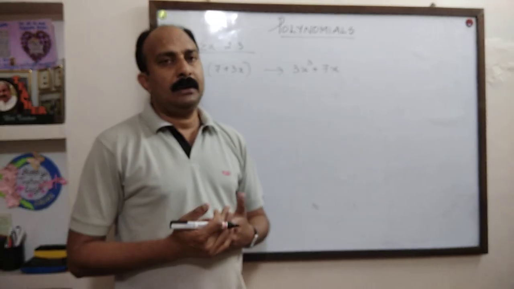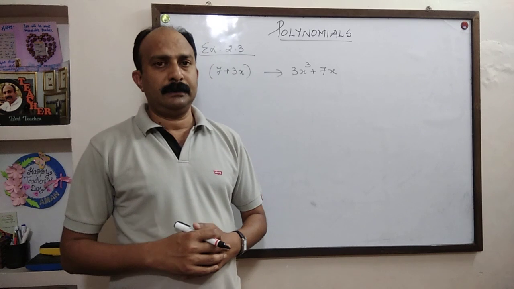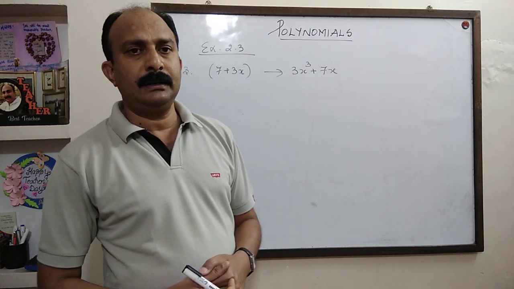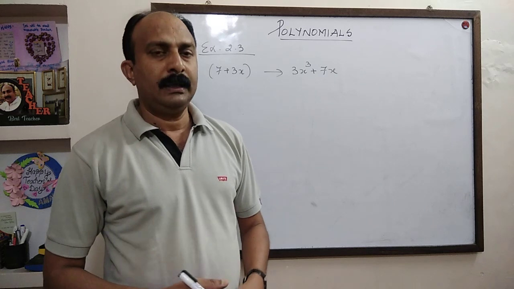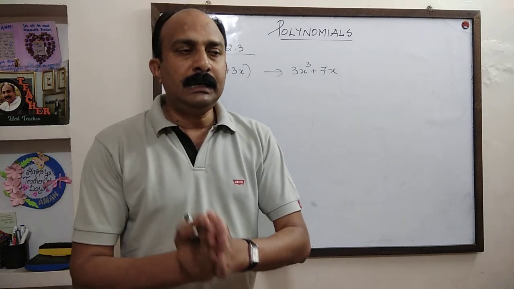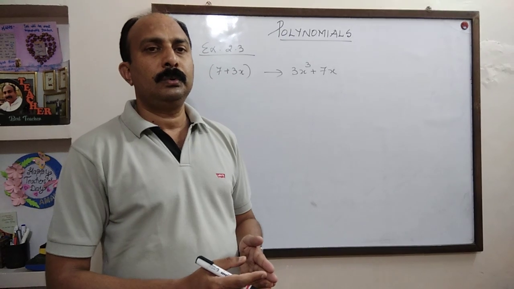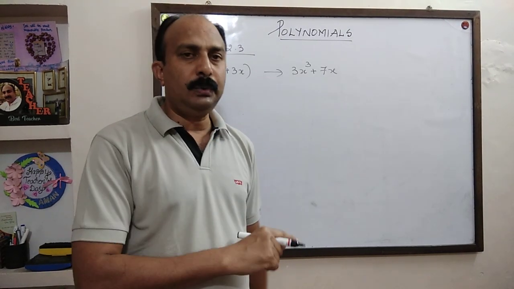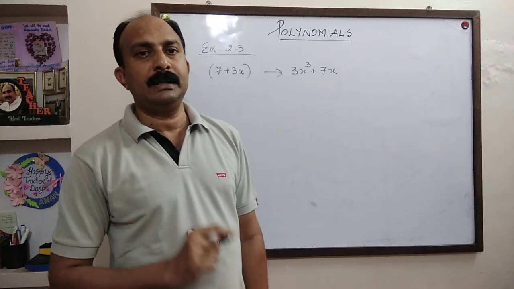When do you say one is the factor of other? Why do we say 2 is the factor of 10? Because when 10 is divided by 2, the remainder is 0. Then we say 2 is a factor of 10.